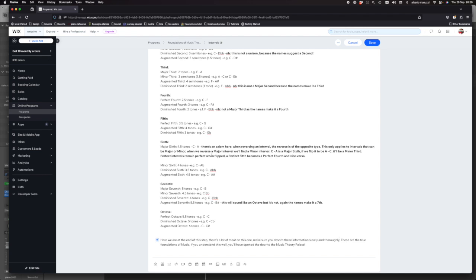Then up a fourth, perfect fourth, to C. So here you have basically an octave, C to C, a fifth, a fourth. An octave is Over the Rainbow. Etc., etc.